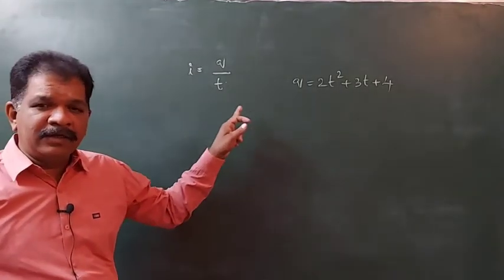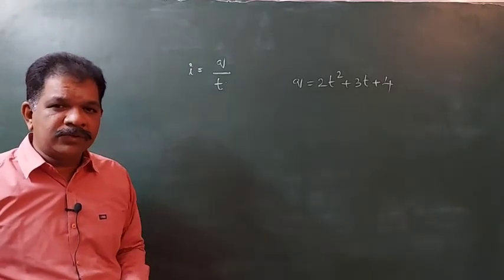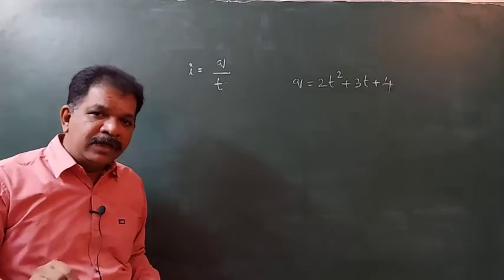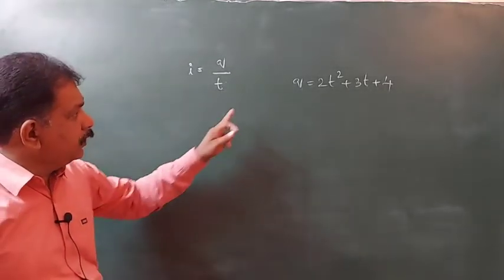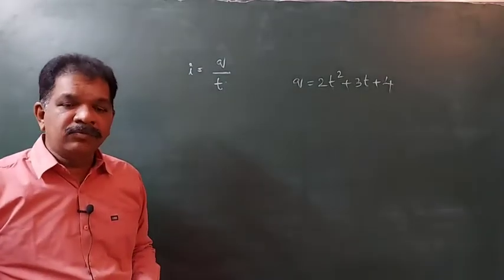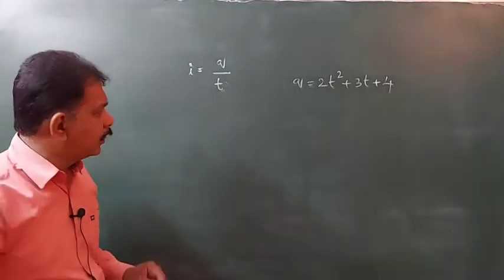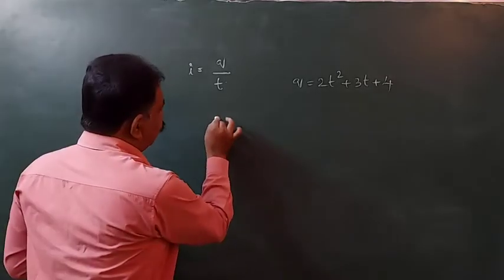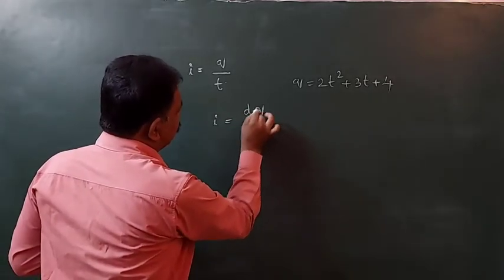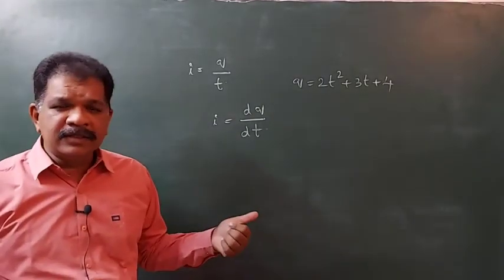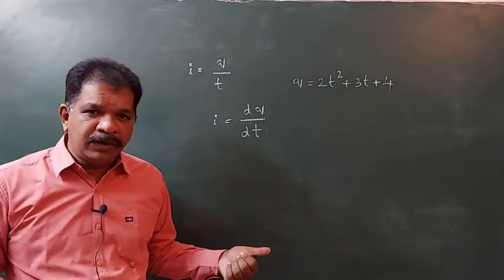Find the current at t is equal to 2 seconds. If charge depends on time, means charge is variable, then to find the electric current we use the formula I is equal to dq by dt.